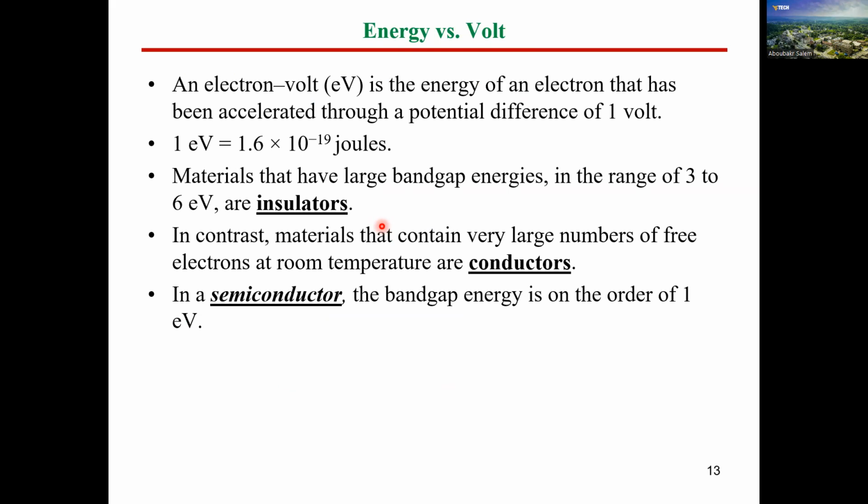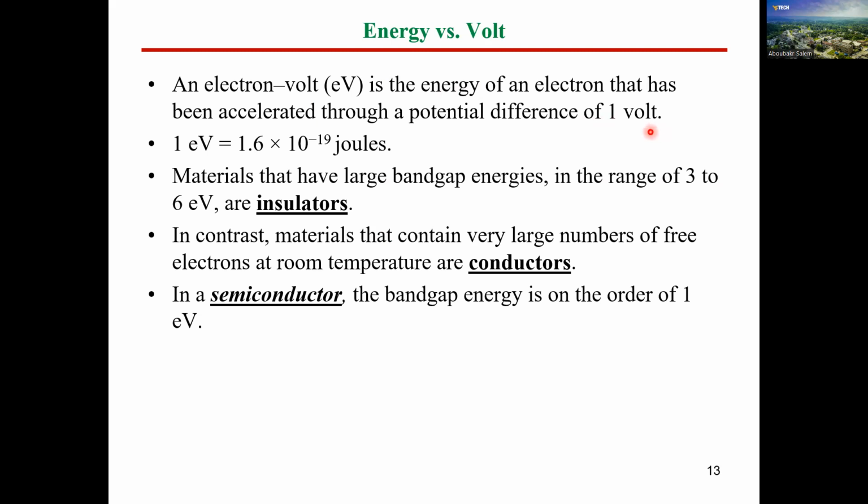How much energy do we need? We need to relate this energy to the supply voltage. For that, there is a definition called the electron volt. The electron volt is nothing but the energy of an electron that has been accelerated through a potential difference of 1 volt.